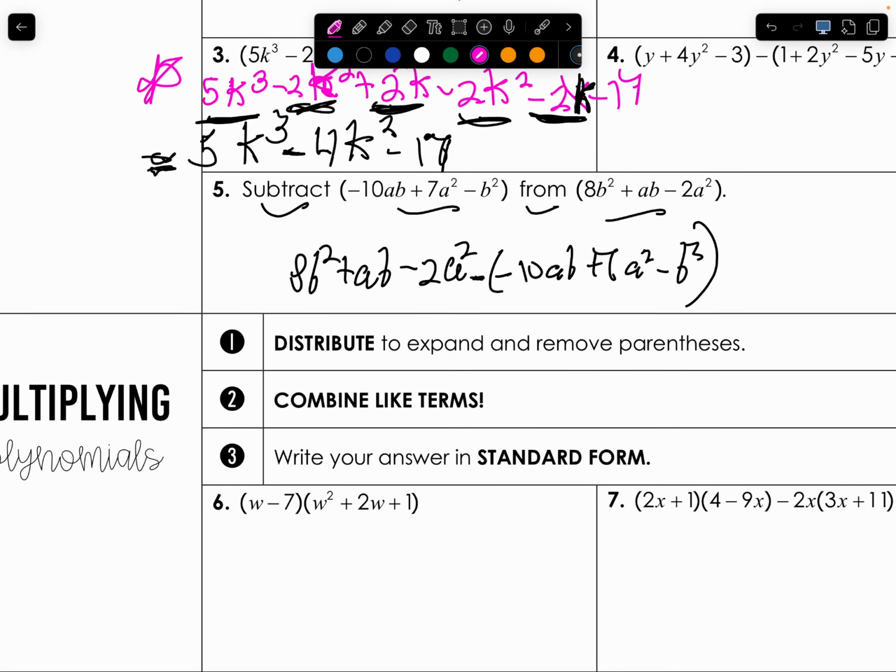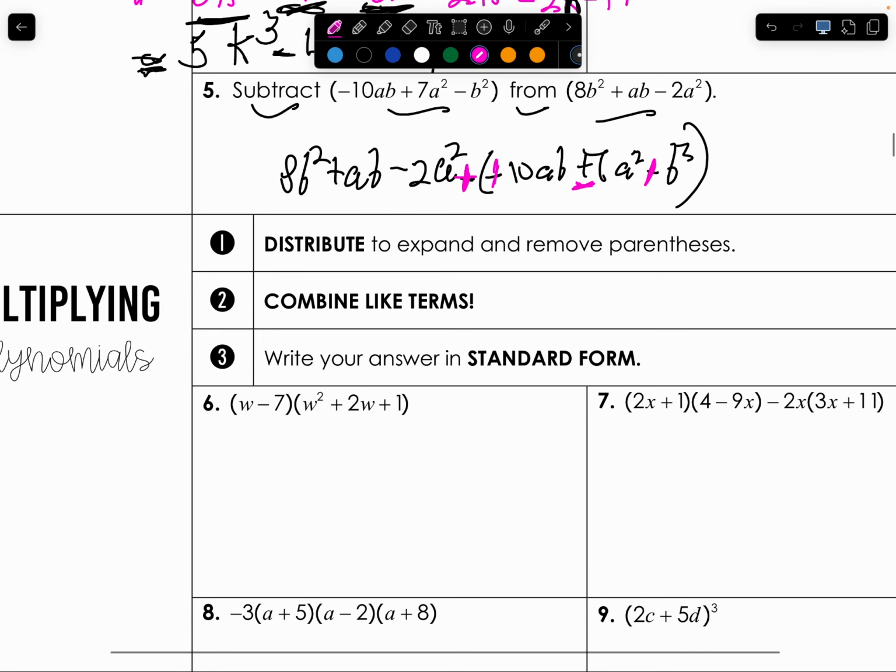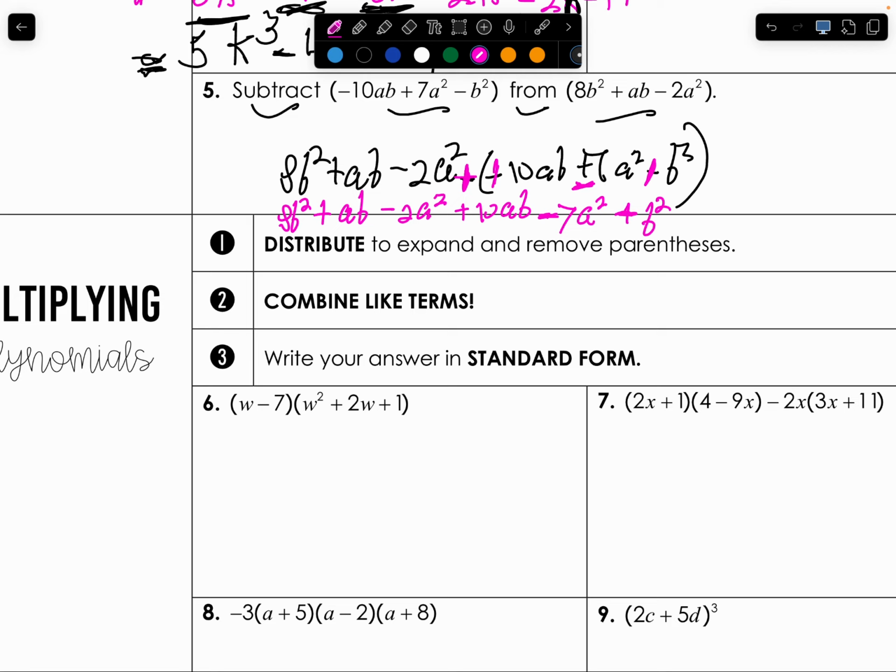It means that we're going to add, changing the signs of these. And those are the signs we're going to use. So I've got 8b squared plus ab minus 2a squared plus 10ab minus 7a squared plus b squared, which is equal.